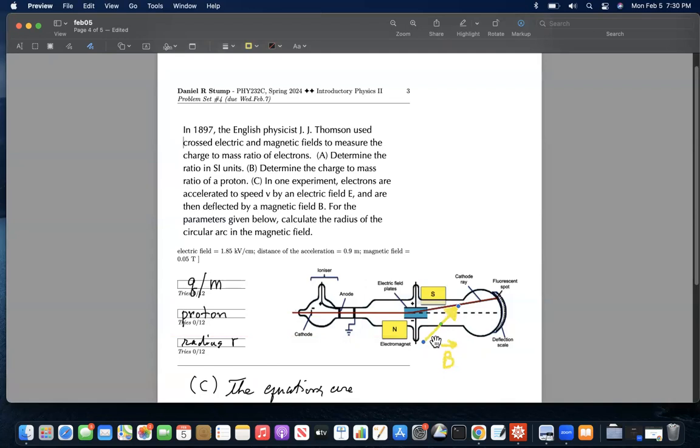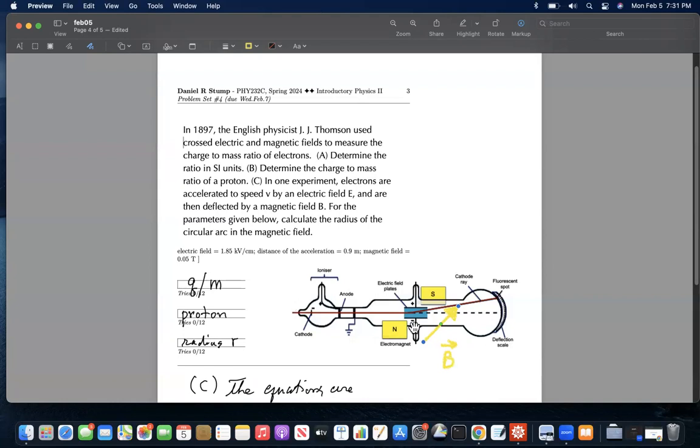So by the right-hand rule, V cross B will be pointing out towards me. No, B is back into the page. So V cross B, let's see, V is to the right. B is back into the page. I guess I have that backwards then.